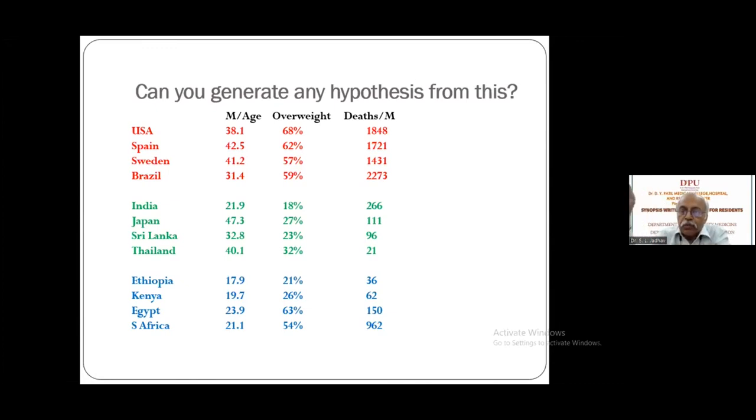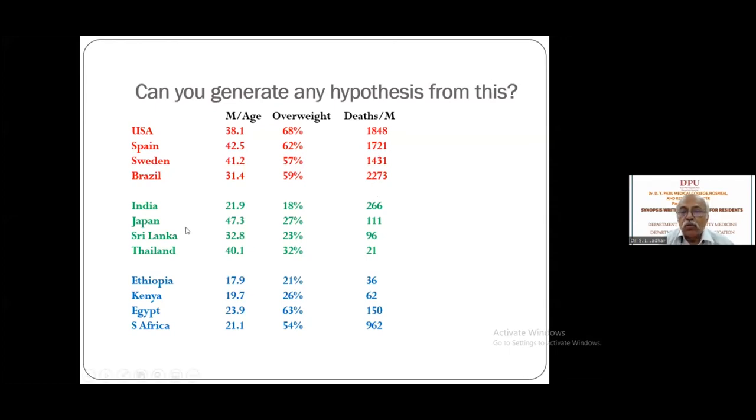And I am more confident of this hypothesis when I see some outliers. My hypothesis becomes stronger when I see certain outliers. Brazil has a lower age, 30, but it is overweight, almost 60, and its death is also in 4 digits like the Western countries.